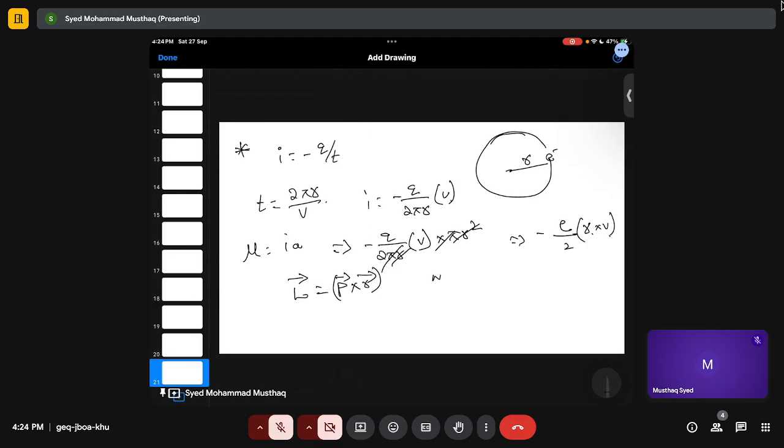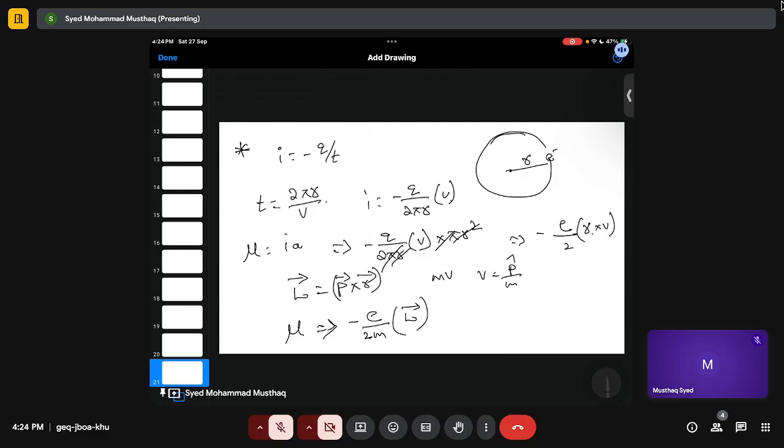So what is my momentum? Momentum equals mv. If v can be written as momentum by m, then this will turn out to be the magnetic moment, and it is written as minus e by 2m times the angular momentum.